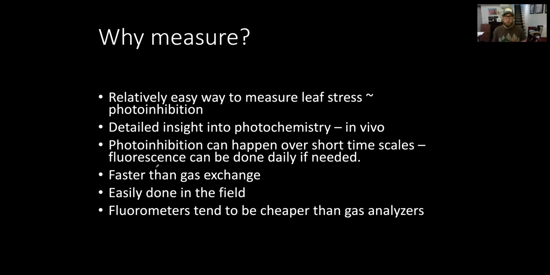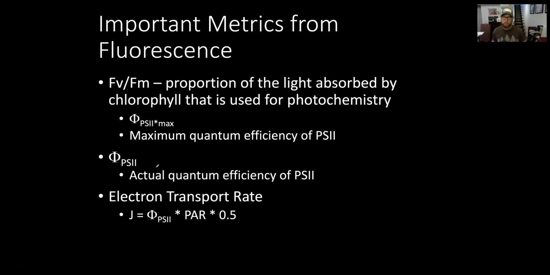So why would you measure chlorophyll fluorescence? Well, as I pointed out, it's a really fast measurement, and it's a relatively easy way to estimate the level of stress a plant is experiencing. Because what you can do is compare, the most common thing people compare being FV/FM under different situations.